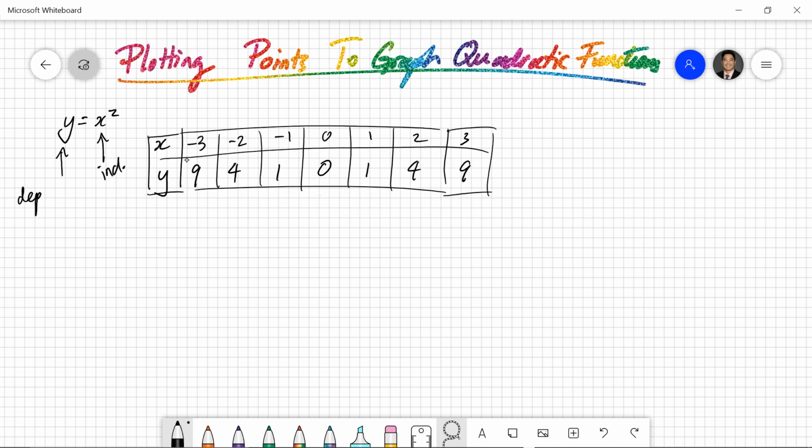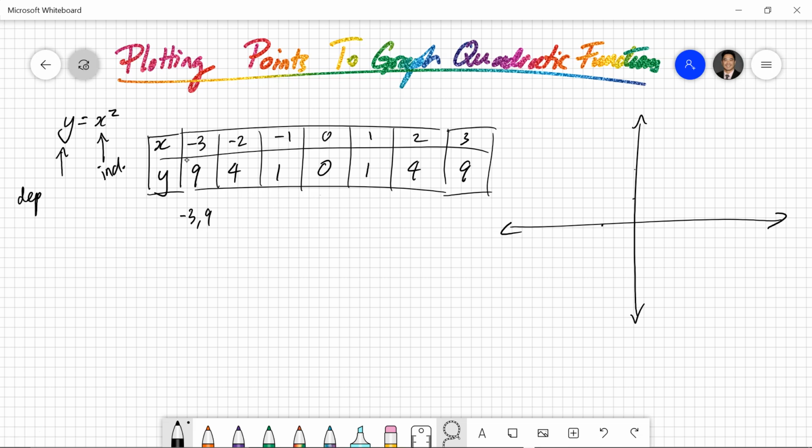So the whole idea of this particular part of the chapter is basically sketching those coordinates into the graph. And obviously my graph is very, very rough, but it's just for demonstration purposes so that you understand where things are going. So the first set of coordinates is -3 and 9.